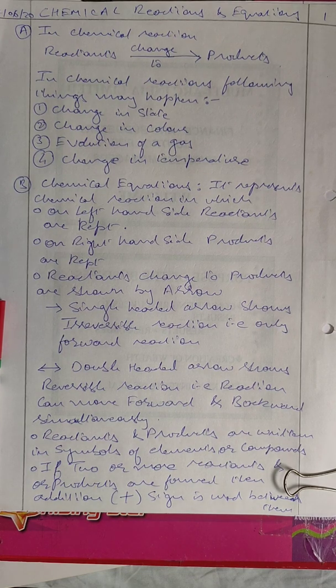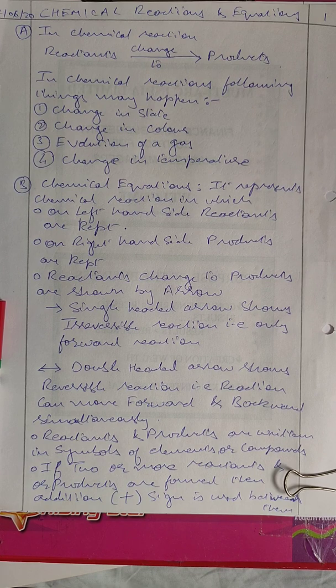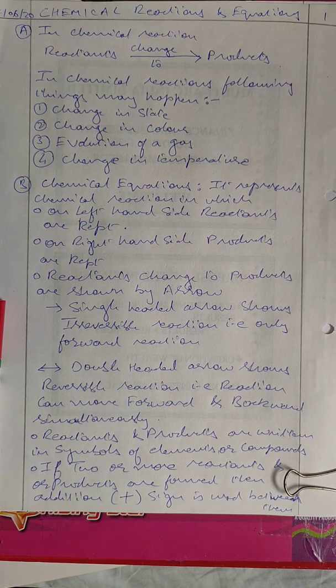In some chemical reactions, evolution of gases may take place, like bubbles or effervescence, of carbon dioxide or carbon monoxide, or oxygen gas bubbles may evolve. So all these are nothing but chemical reactions. And some chemical reactions are accompanied by a change in temperature.